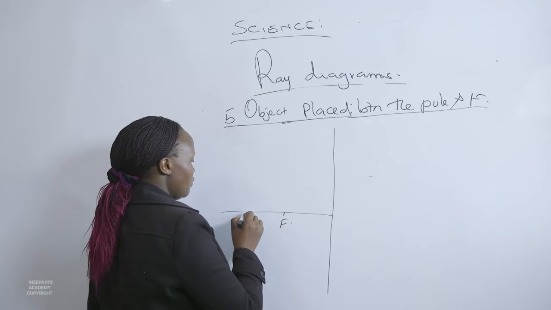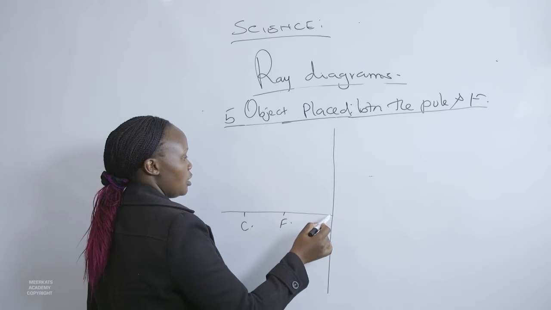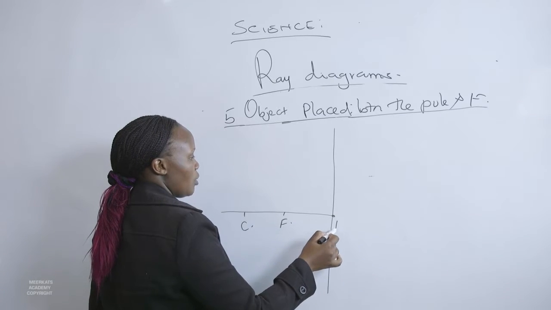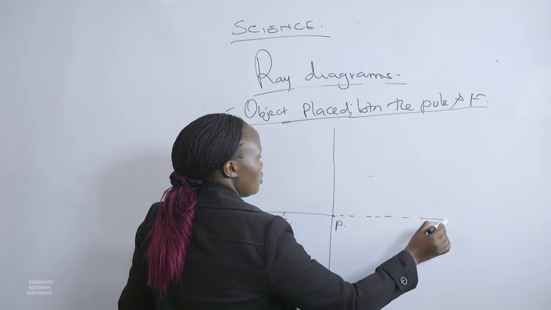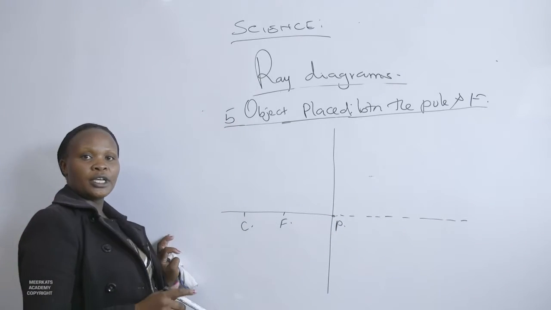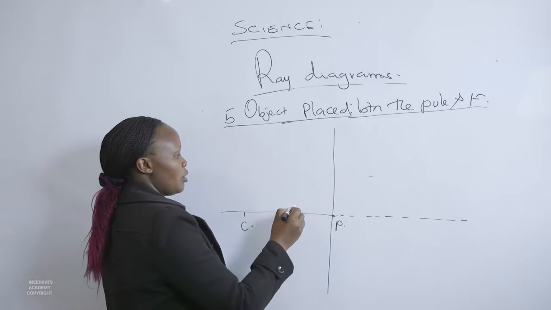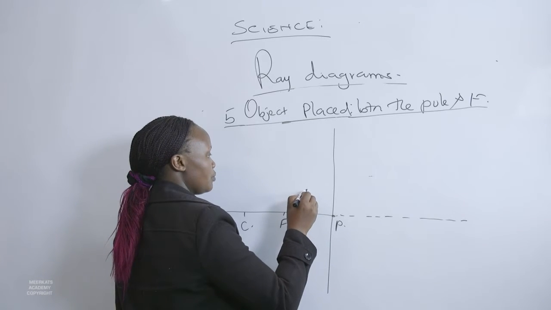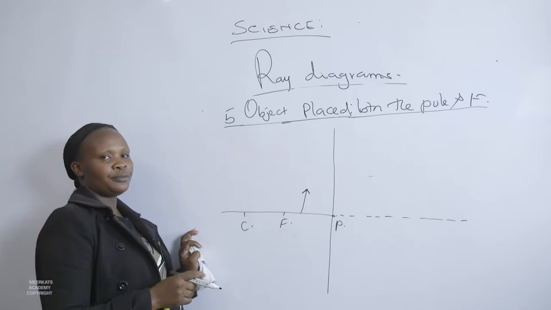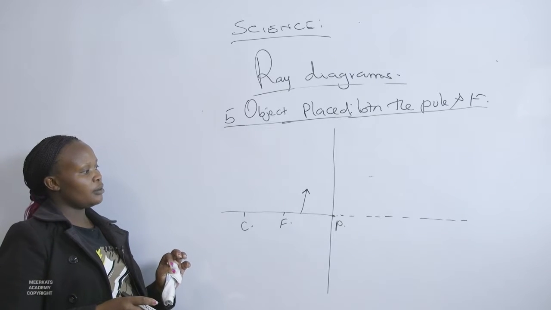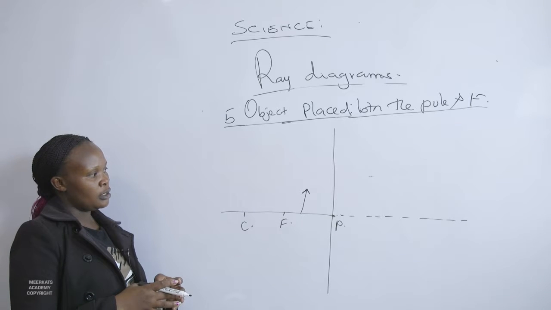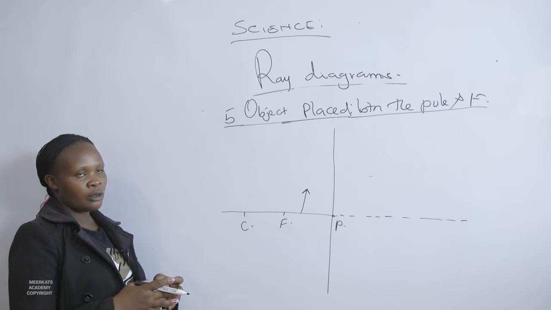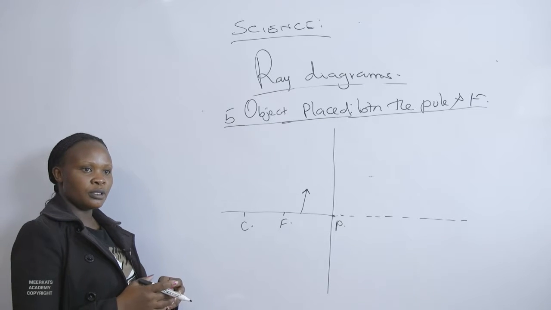If this is our F, this is our C, and this one is our pole, then we can place our object somewhere here. There. How is the image going to be formed?